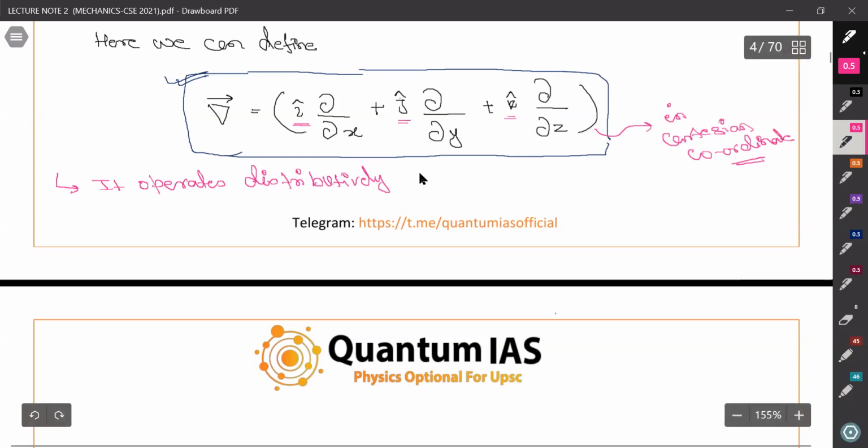So it operates distributively and is formally assumed to have vector-like characteristics.